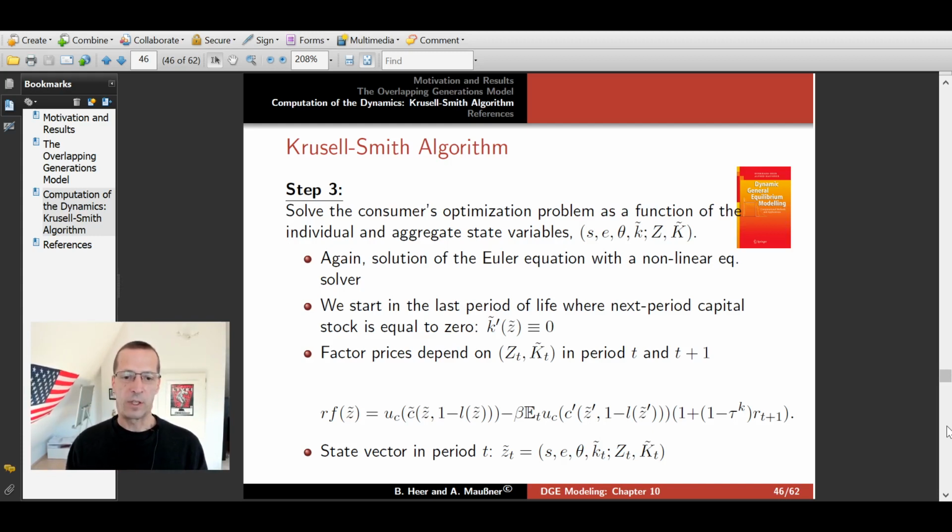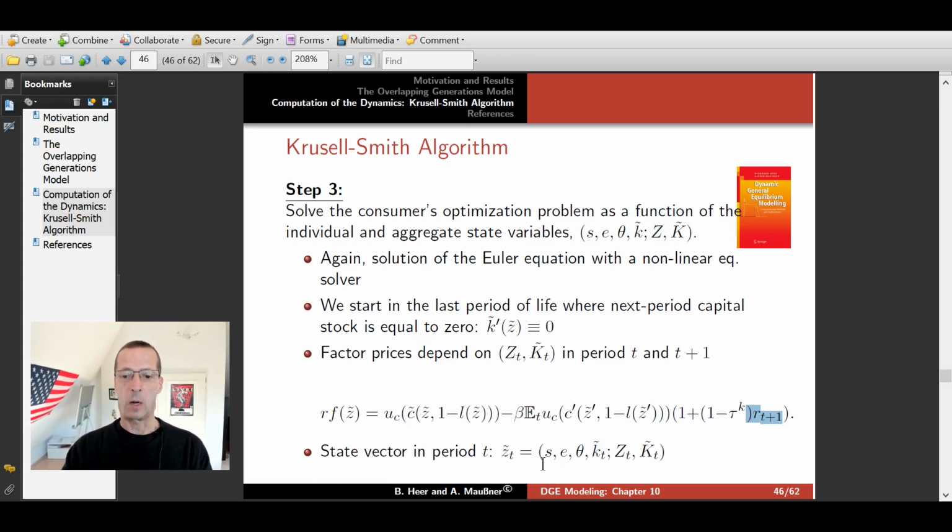Now for our residual function this time, RF here, we need to take care that we have factor prices which are not constant anymore. We are not in the non-stochastic steady state. We have a dynamic economy where aggregate capital stock and labor fluctuate, technology fluctuates, and therefore factor prices r_{t+1}, pensions, and so on are not constant. So the household has to form expectations of next period interest rates, next period pensions, wages, and so on to derive his optimal decision.